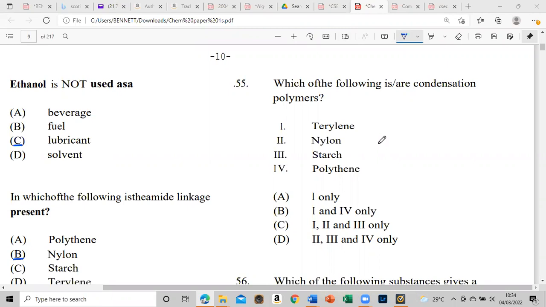So let's just tick them off as we go along. 1, terylene, 2, nylon, 3, starch. All right, I think that's it. So that would be 1, 2, and 3 only, and that is C.